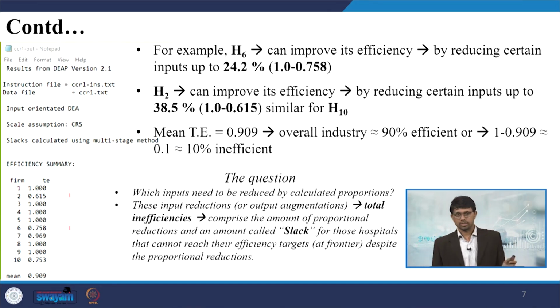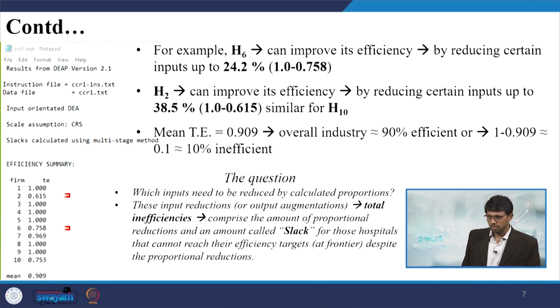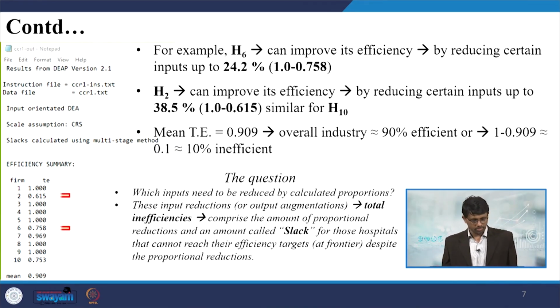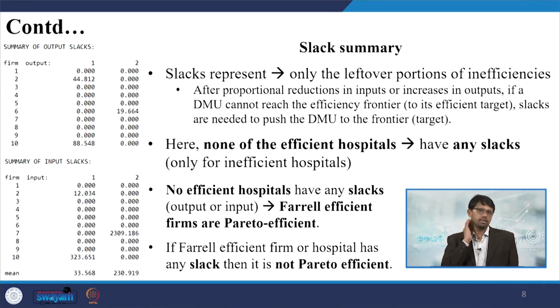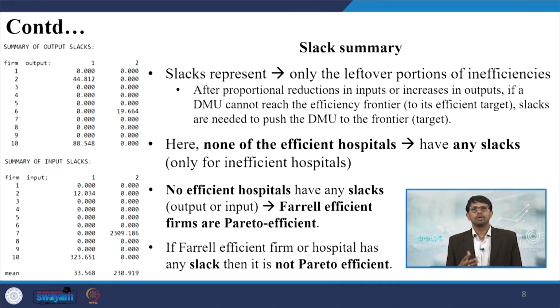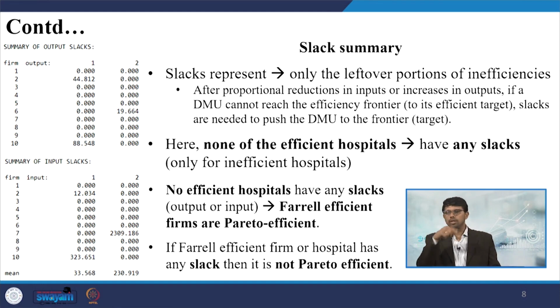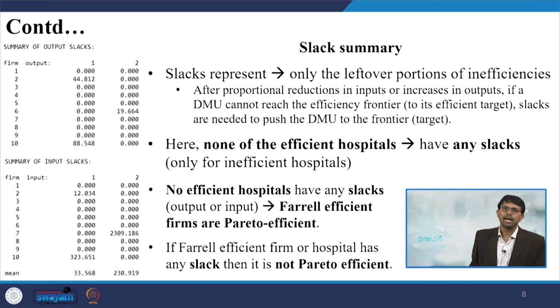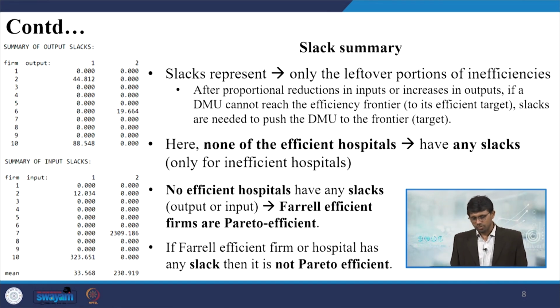So, we are supposed to utilize the possible slacks, whose meaning we already explained in our earlier lectures. So, what are those slacks? We will just clarify once again. Basically, if you remember, in the input oriented model or in the output oriented model, we target the frontiers. So, slacks represent only the leftover proportions of inefficiencies.